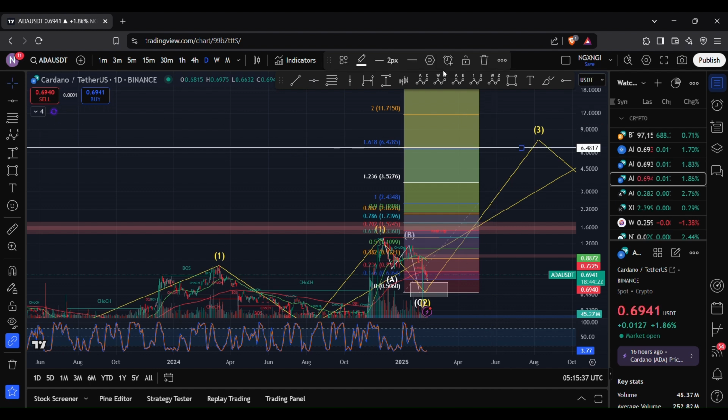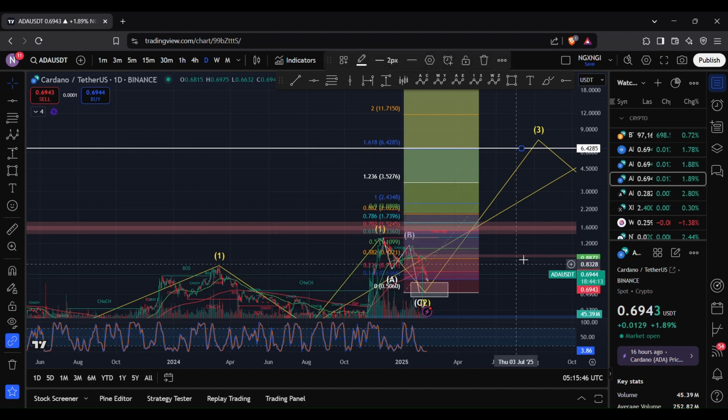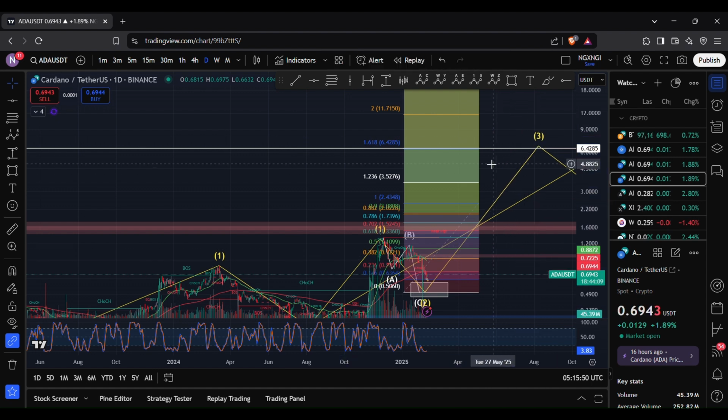If I just move that now to the right place, that is our target for our wave 3.